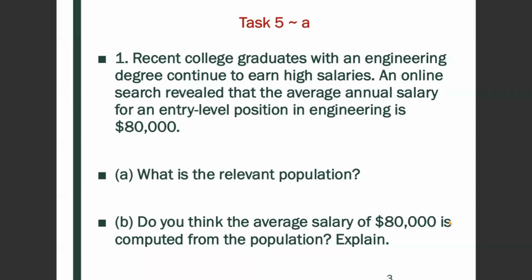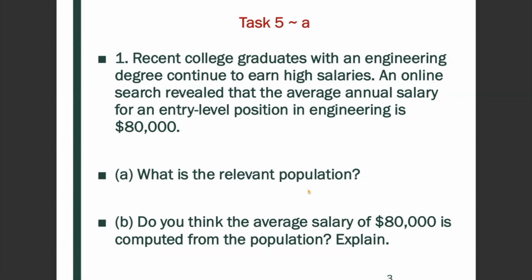Task 5A. Recent college graduates with an engineering degree continue to earn high salaries. An online search revealed that the average annual salary for an entry-level position in engineering is $80,000. What is the relevant population?